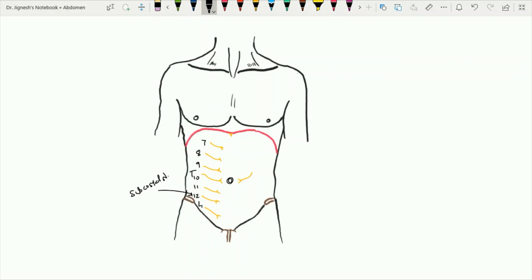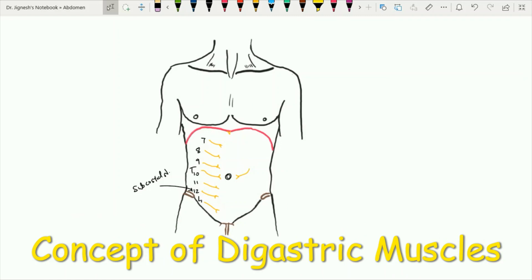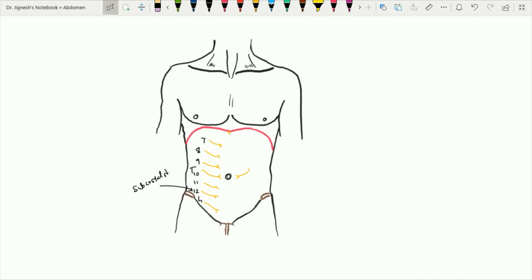So this is all about the nerves of the rectus sheath. Now, after completion of all the muscles of the anterior abdominal wall and the rectus sheath, we can say that these flat anterior abdominal wall muscles are digastric in nature because the aponeurotic fibers of both sides' muscles are going to intermingle with the linea alba, and this linea alba acts as the central tendon for both sided anterior abdominal wall muscles, and that's why these anterior abdominal wall muscles are considered digastric muscles.